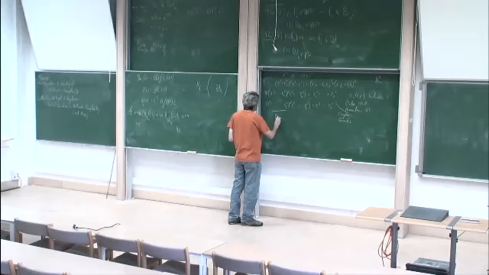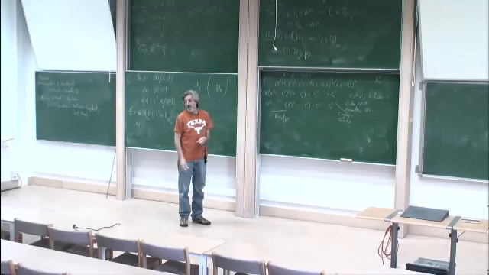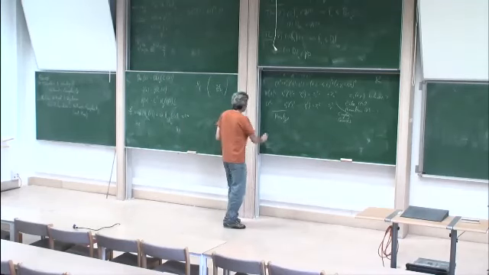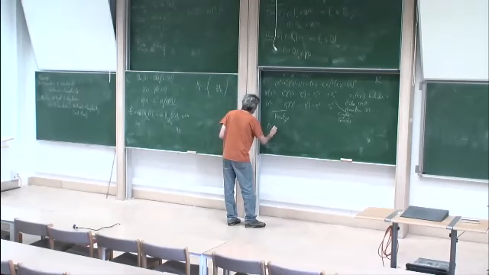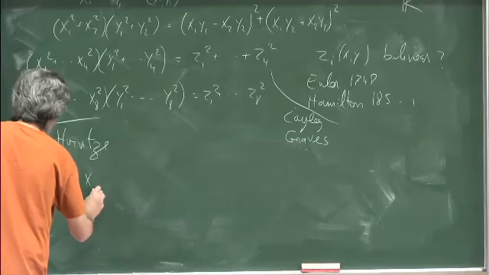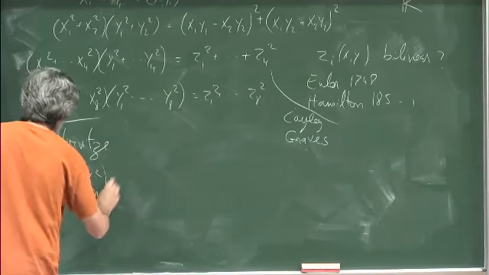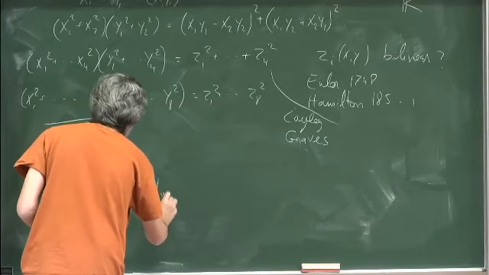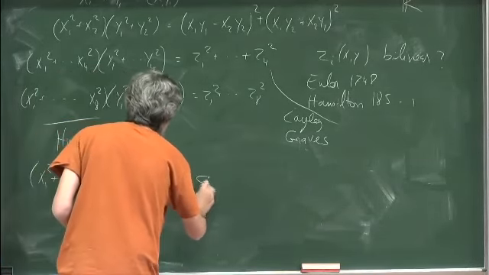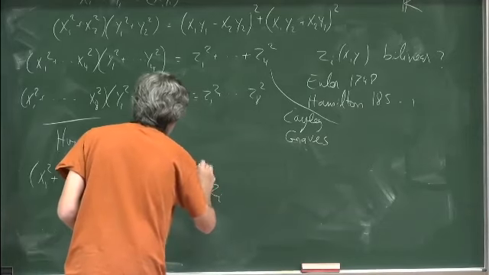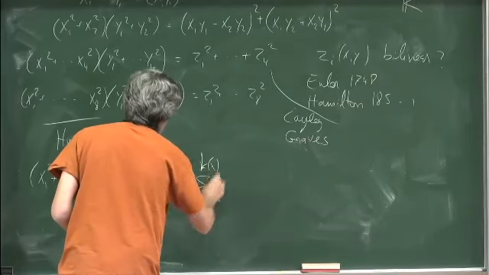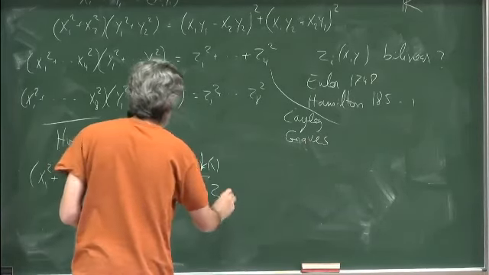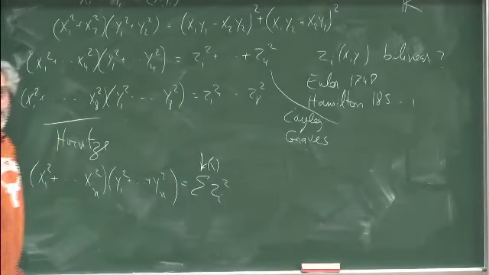So Hurwitz proved that the only time where you can write, so in general, let me just ask a question. Suppose we have (x1 squared plus ... plus xn squared)(y1 squared plus ... plus yn squared) as the sum of z_i squared, i up to k of n, and the z_i are again bilinear forms.